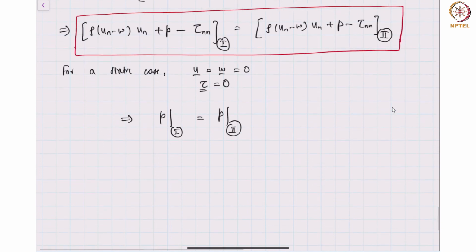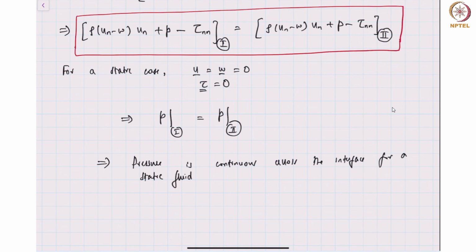So what we can conclude is pressure is continuous across the interface for a static fluid, if, a big if, surface tension is ignored. Now what we are going to subsequently do is to derive these conditions in the presence of surface tension.